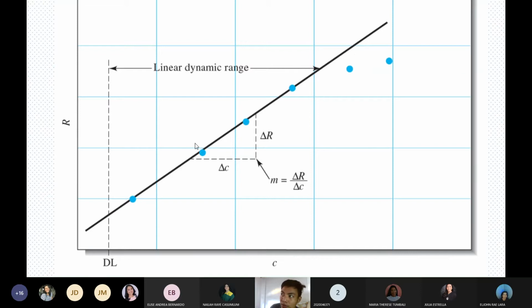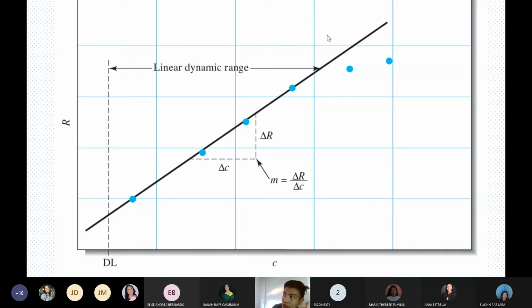So that means your instrument is not able to measure all of the concentration range. Hindi niya babasahin lahat ng concentration range. Only those that will give us the best fit of line, no? Yun yung magbibigay sa atin ng line, no? Hindi yung parabola. So that means hindi mo isasama to, only the linear part will be considered.